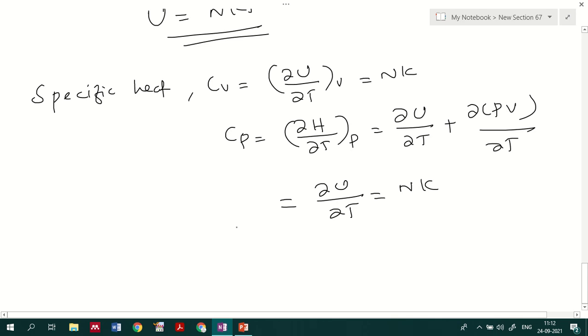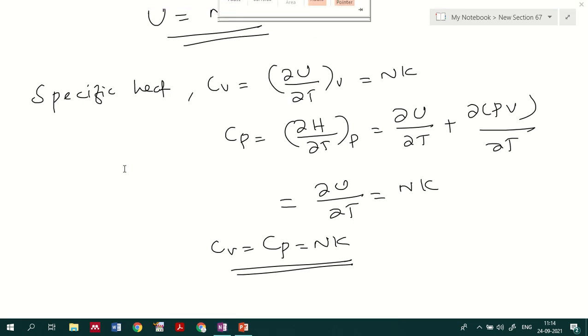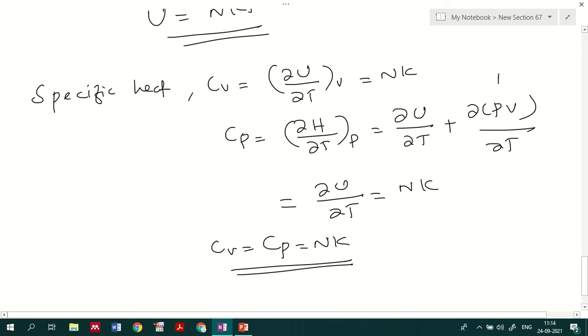So we understood that Cv equal to Cp equal to Nk. Both are equal in this case because pressure we already identified is equal to 0. When you put that in, this term goes to 0, so we have only dou U by dou T in this case.